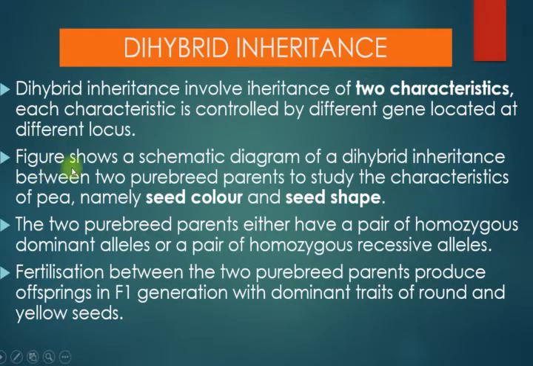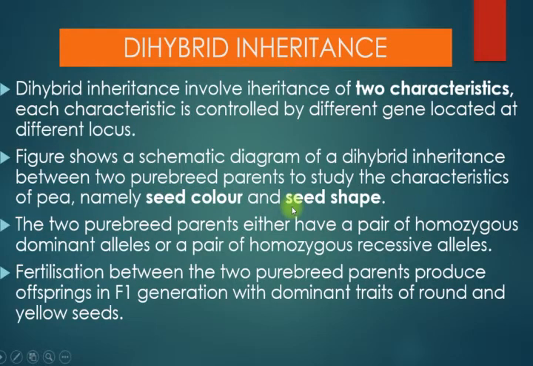The figure in the next slide shows a schematic diagram of dihybrid inheritance between two purebred parents to study the characteristics of seed color and seed shape. You can also refer to your textbook on page 238. There is a schematic diagram of dihybrid inheritance between two purebred pea plants for seed shape and seed color.